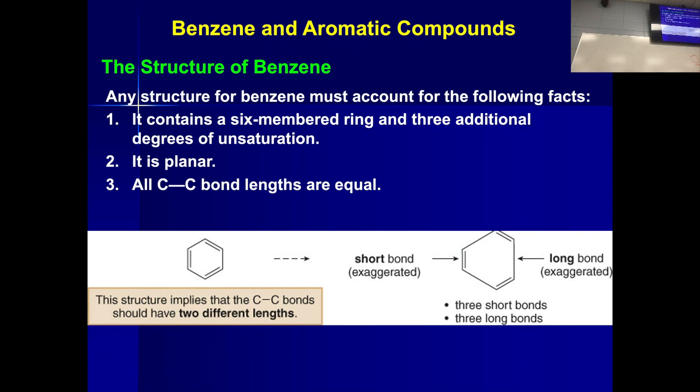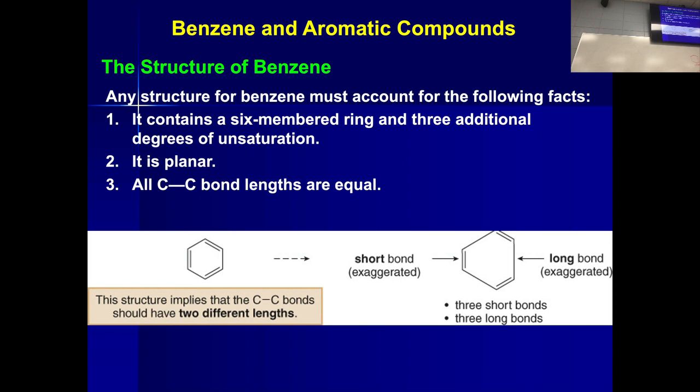Okay? So, any structure that we draw for benzene has to account for these three facts. Benzene is planar, and in fact, let's make a model of benzene. There's a couple of carbons, a couple of carbons, a couple of carbons, and when I put these things together, they've got the double bonds all drawn into them already.